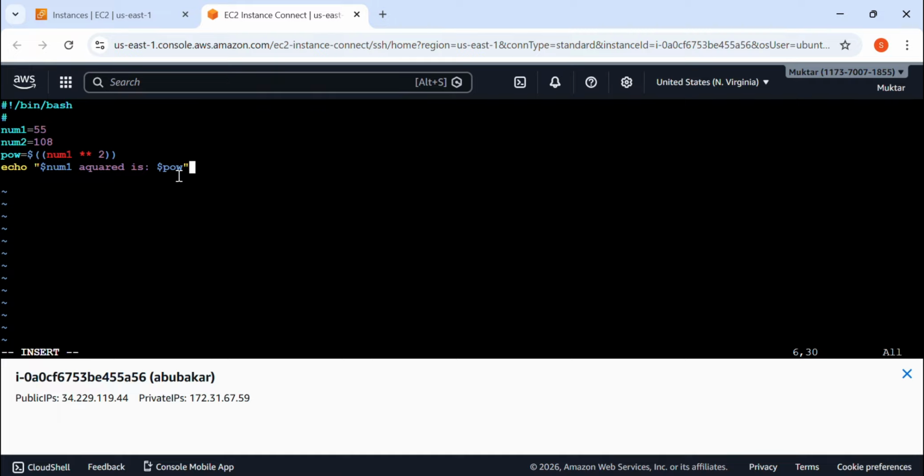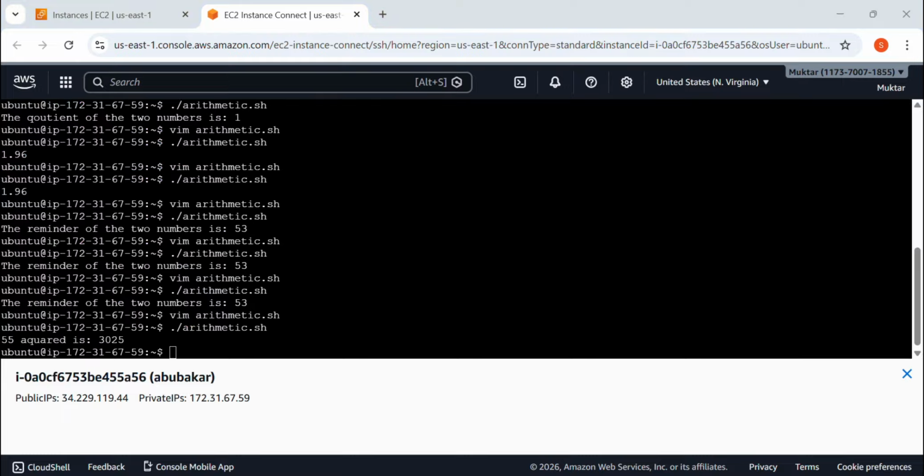That is actually what it means. 55 times 55. Let us check. As you can see right now, like I told you, 55 squared is: 3,025. So that is how you do exponentiation.